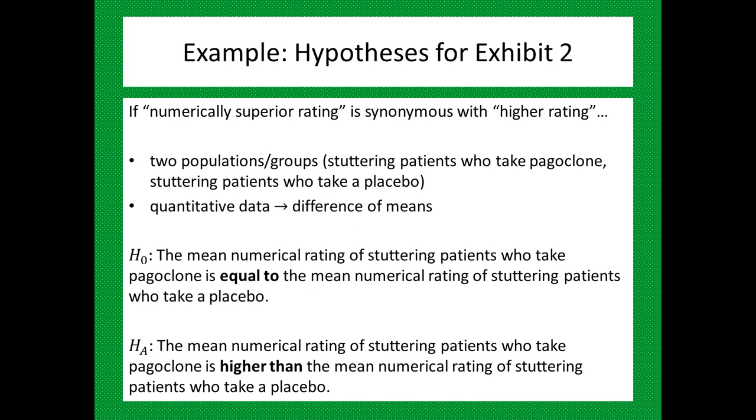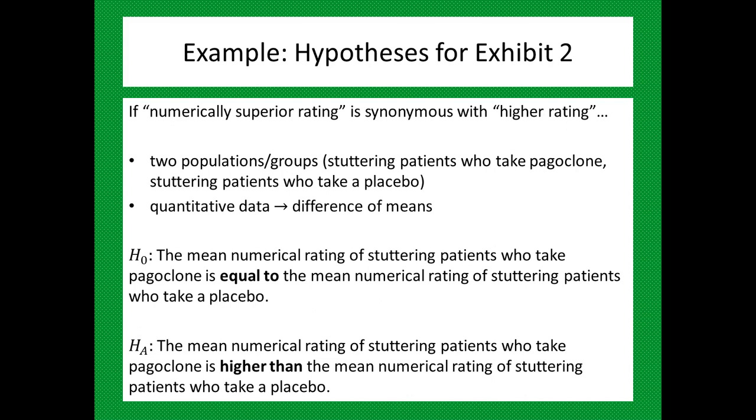It's comparing two groups. If you look at what's there on page 266, two groups or two populations. We have stuttering patients who take pagaclone, stuttering patients who take placebo. Then the type of number that's being compared would be a mean because we have quantitative data. It'll be a difference of means, not a difference of proportions. That may not be the way that it works in Exhibit 1.